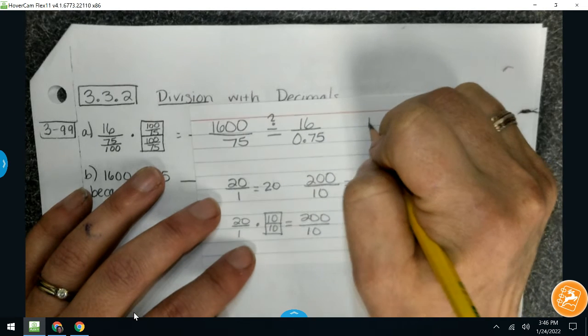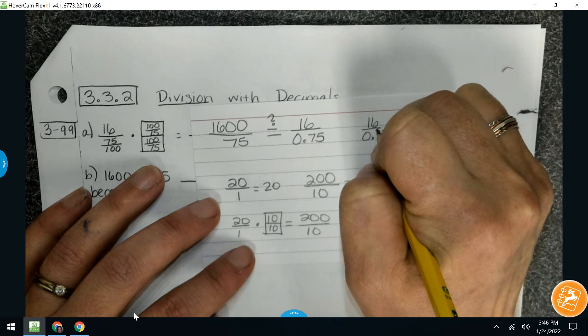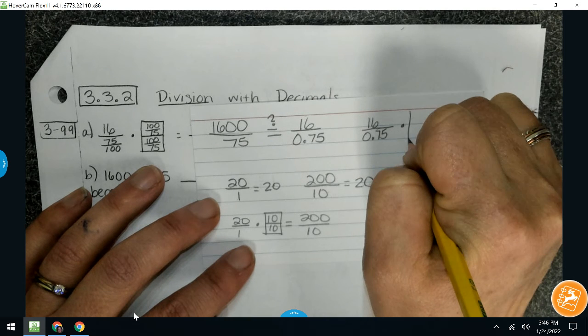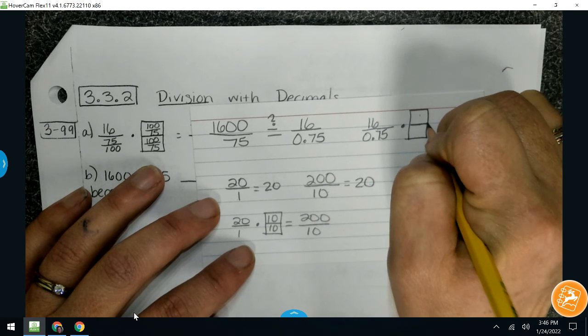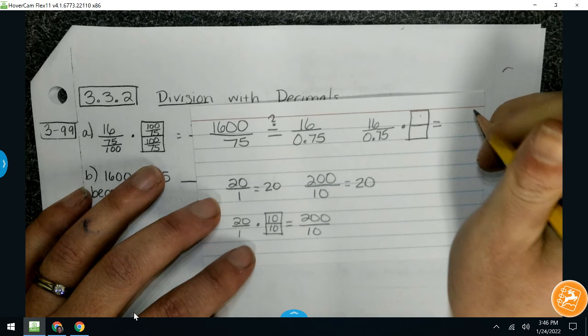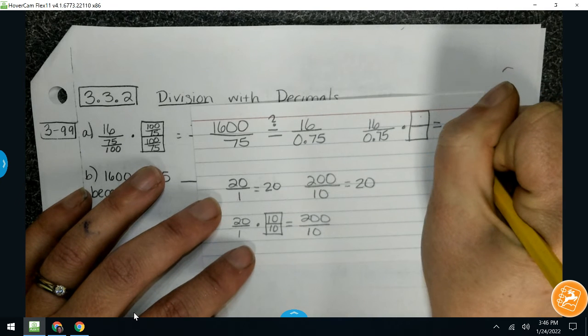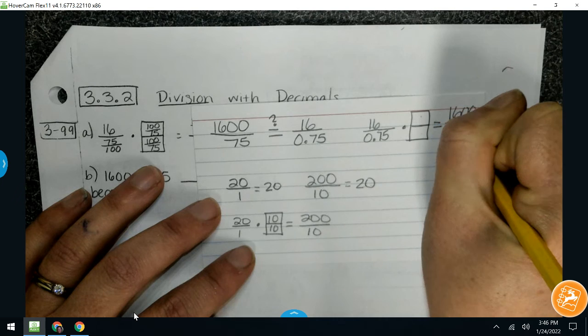So if I have 16 over 0.75, what can I multiply both my numerator and my denominator by? I want to multiply by a giant 1 so that I end up with 1600 over 75.